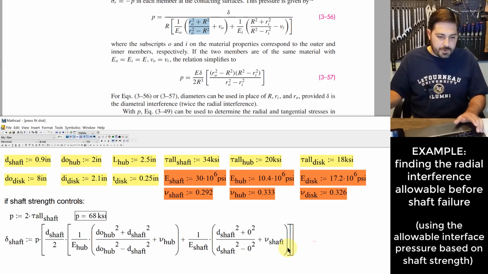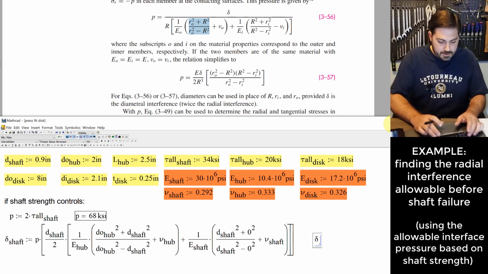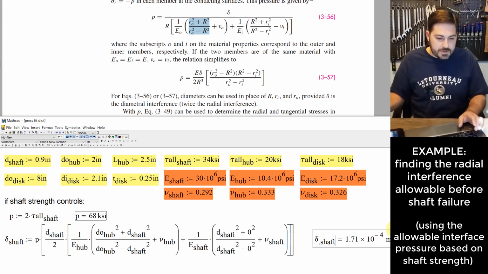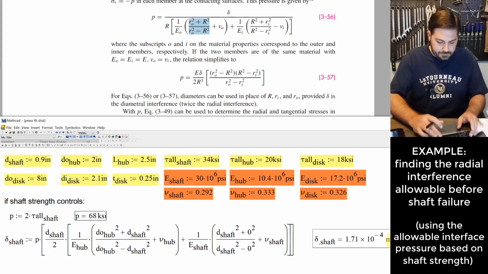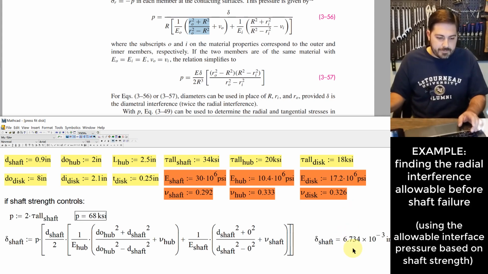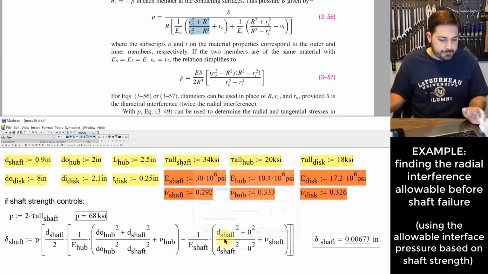Okay. If I want to see how this calculates, I can find delta, hit Control G to make that Greek, type shaft, and we'll see what's in there. All right, it gives it to me in scientific notation, which is fine, or if you want to see it without the scientific notation, you might want to change it up a little bit.